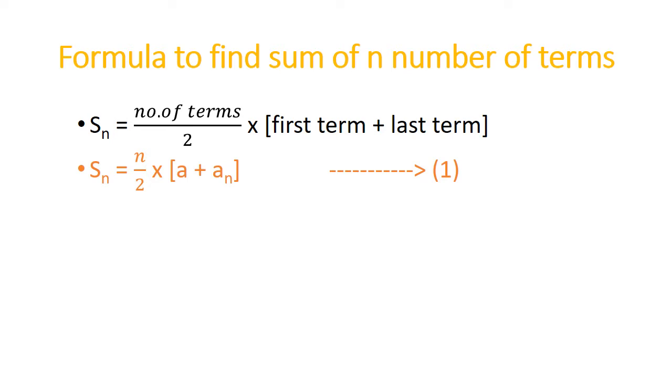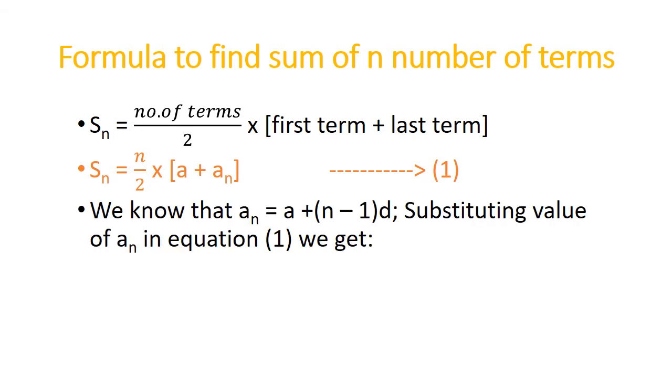But what if we don't know the last term? We already know an is equal to a plus n minus 1 into d. This is the formula for an. We'll substitute this value into our equation, and we get Sn is equal to n by 2 into a plus, now instead of an, the formula for an, which is a plus n minus 1 into d.